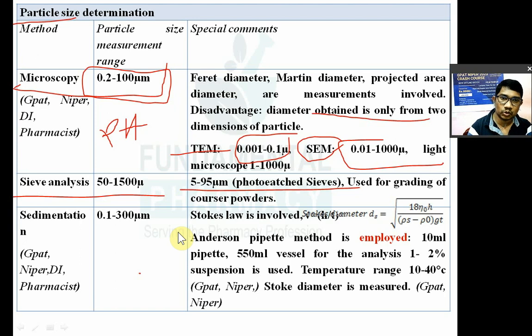By using that sieve you can measure particle size in a range of 5 to 95 micron, and they are used for grinding of coarse powder.